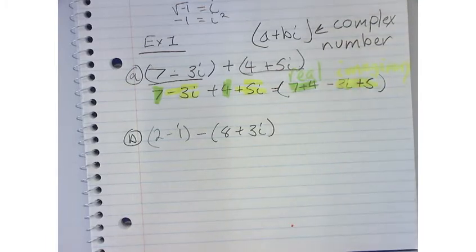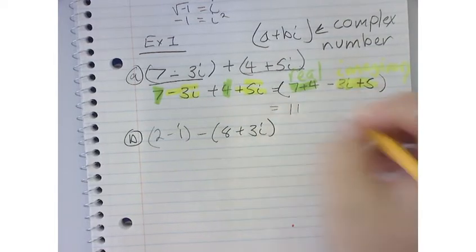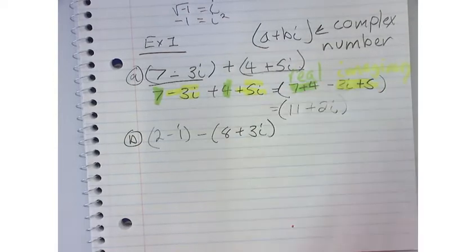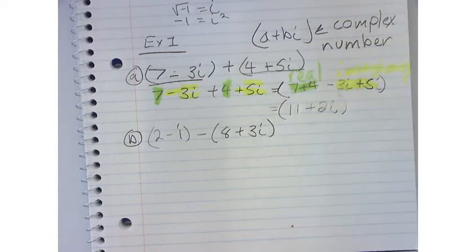So when I add them up, the final answer is 11 plus 2i. Now that's the whole number. 11 plus 2i. Okay? Yes? Why is there no i after 5? Because I forgot to write it down. Because I'm trying to talk and teach and all that stuff, and I forgot to write it down. Good question. Any other questions?